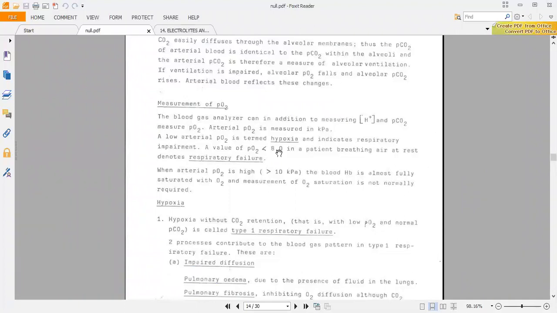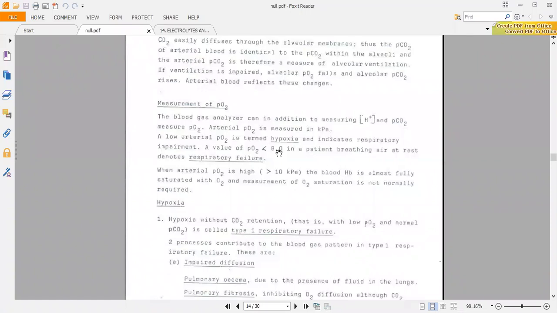And we have type 2 respiratory failure, where the person's oxygen levels are low and the carbon dioxide levels are high. So if only the oxygen levels are reduced with the carbon dioxide pressure being the same, we say we have type 1 respiratory failure.